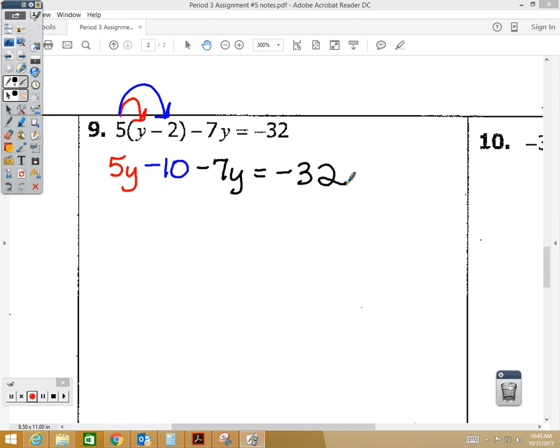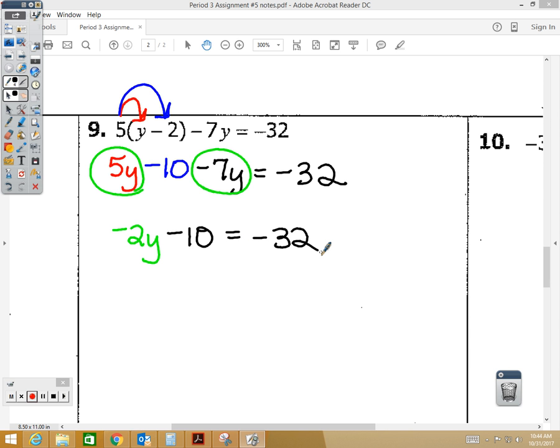All right, so we distributed first, and now I'm going to combine like terms. Which two terms are my like terms? 5 and negative 7. Very good. Negative 2y. My negative 10 or minus 10 did not change, and I didn't do anything on my right-hand side, so that stays a negative 32. And again, hopefully now this is the easy part.